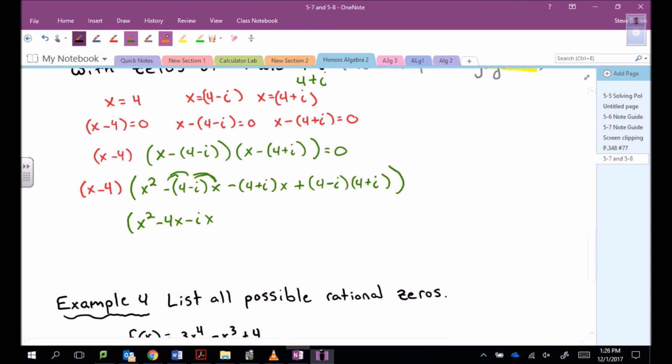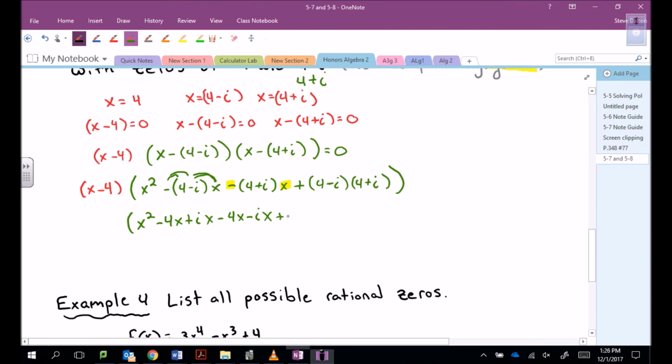And then I do the same thing here where I distribute that through, and that's going to be minus 4x, and then minus ix. So make sure you distribute everything through.